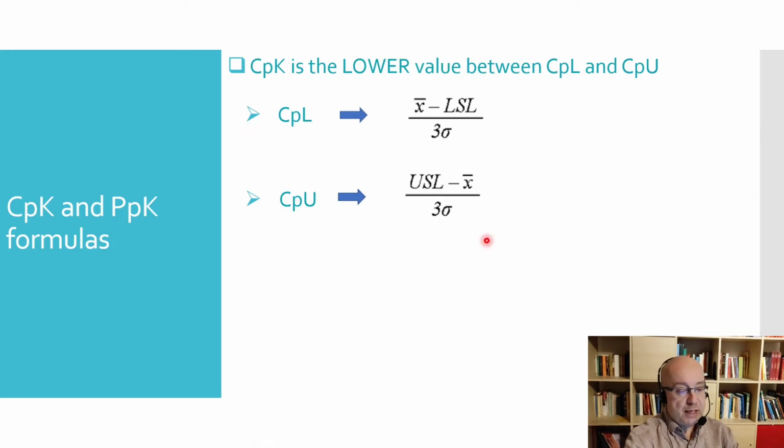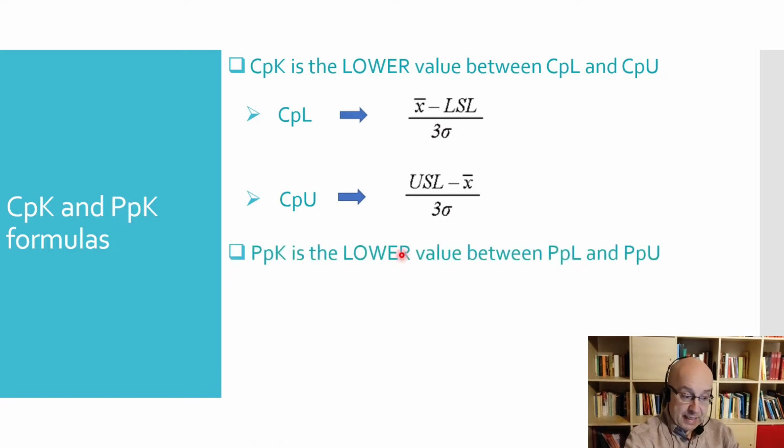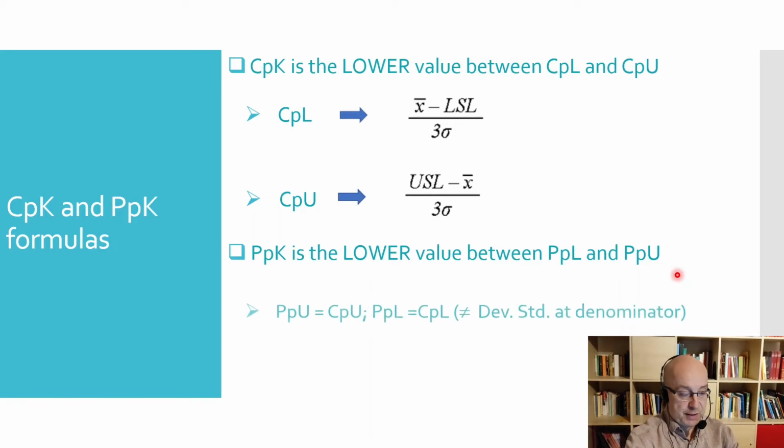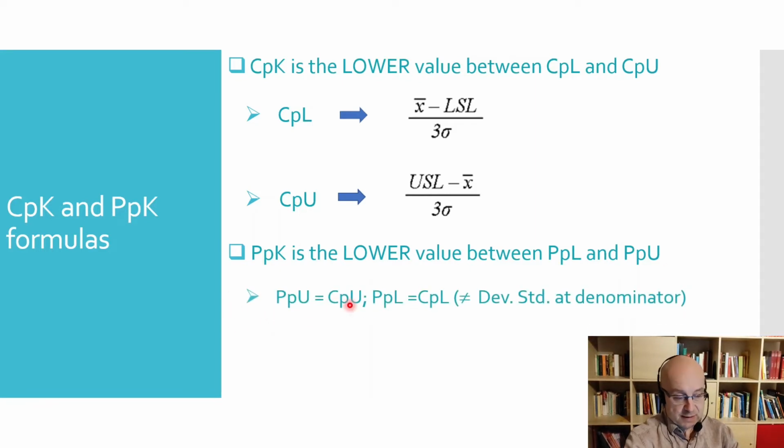CPU, we have the formula here: upper specification limit minus the average, X bar, divided by 3 times the standard deviation. The same definitions of average and standard deviation apply as we explained for CPL. PPK is the lower value between PPL and PPU, and if you remember from my previous tutorial, PPU equals CPU, PPL equals CPL.